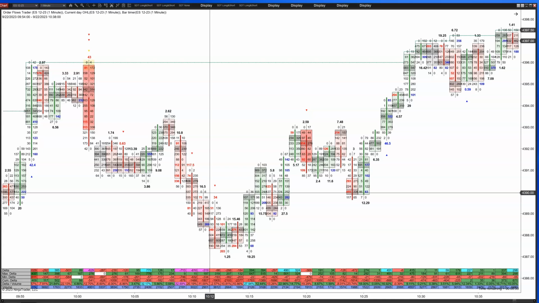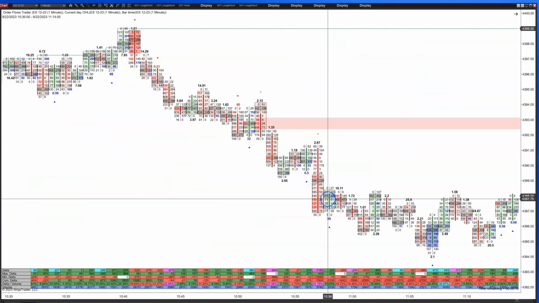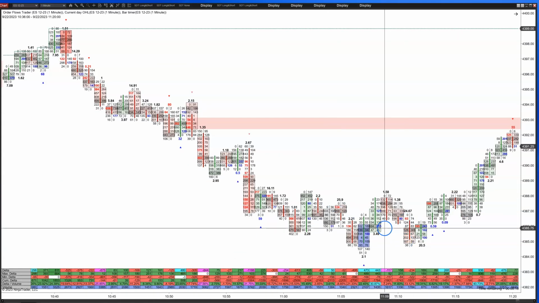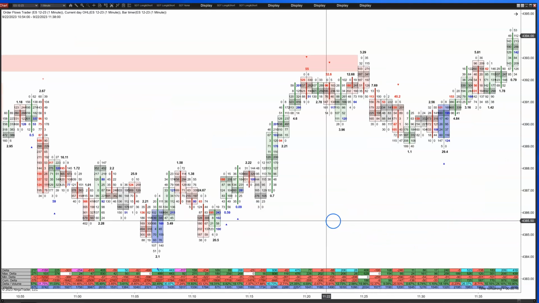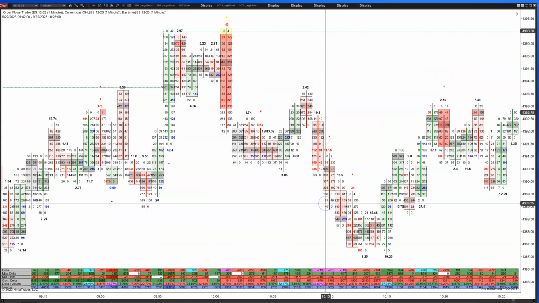But if you're on a short time frame of a minute, 30 seconds, ideally, you want to keep it within 15, 20 minutes, maybe 30 minutes. You're not looking to get short here at 10 o'clock and hold it all day, until 11, 12, 1, 2 o'clock. No. You want to take what the market's going to give you because you're a short-term intraday trader.